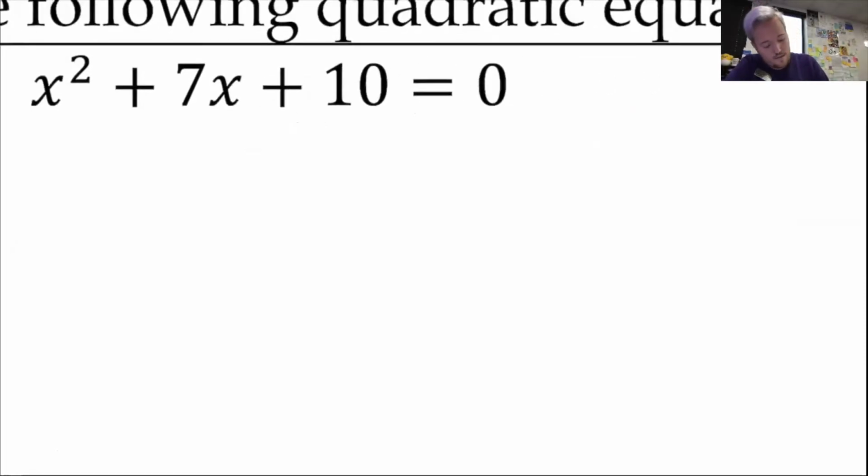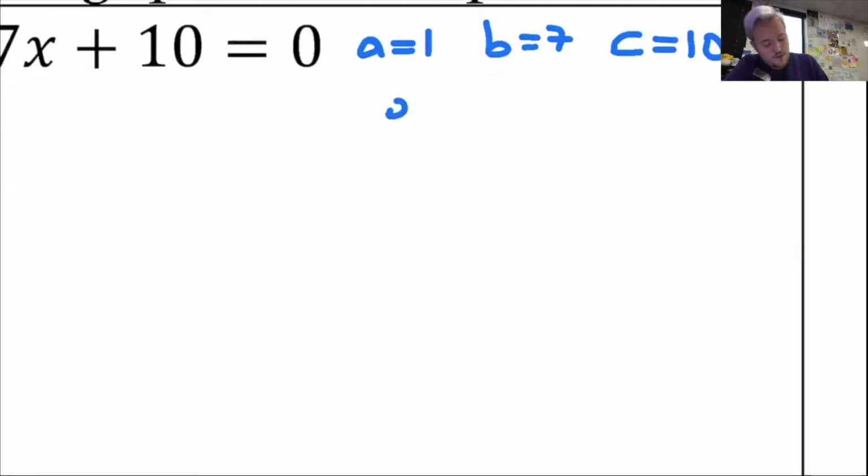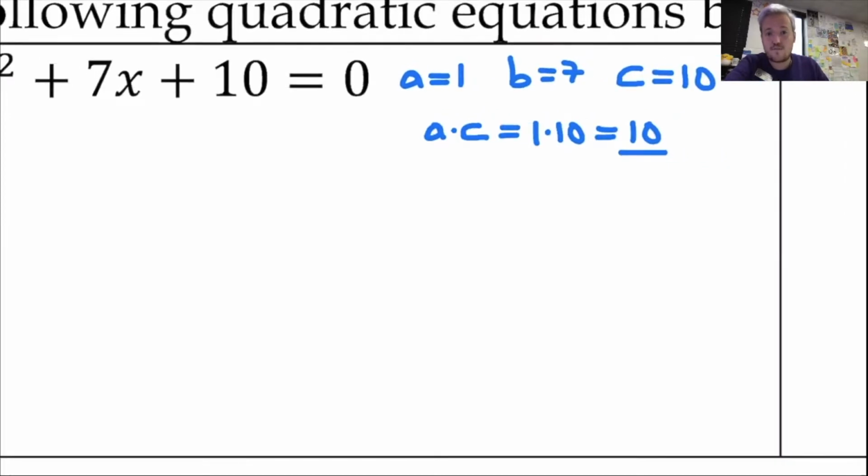So I have an A value of 1, a B value of 7, and a C value of 10. Remember, you're going to do A times C. So 1 times 10, which is going to give you 10. And I want to find the factors of 10 that add up to our B term, which is 7.